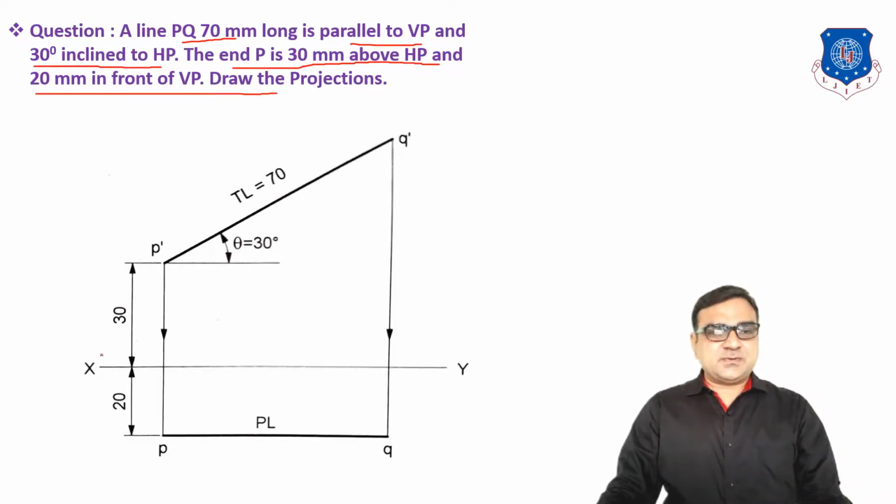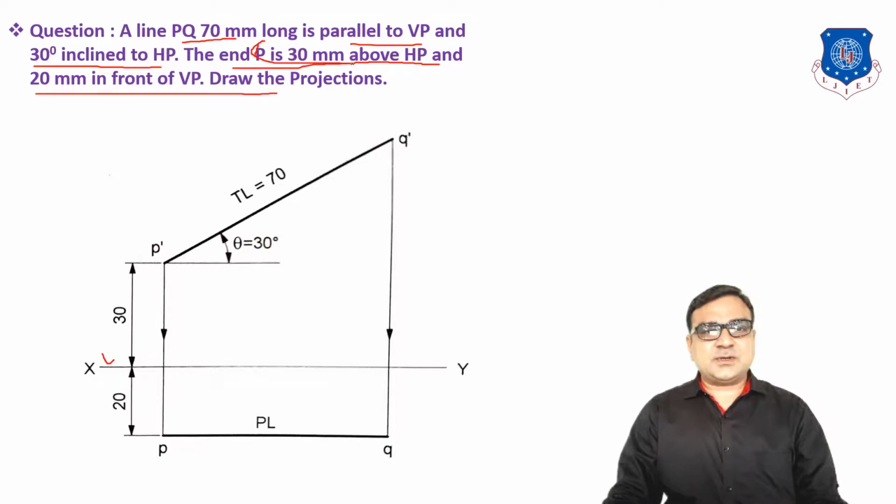In this case, first of all, draw one line XY, then draw the projection of point P. P is 30 mm above HP and 20 mm in front of VP, so P is in the first quadrant.